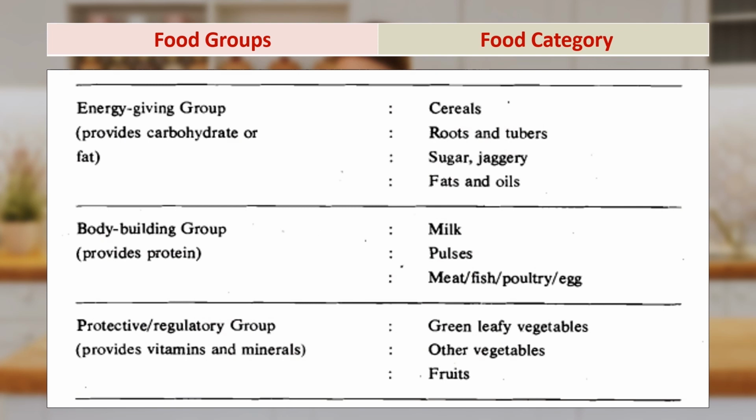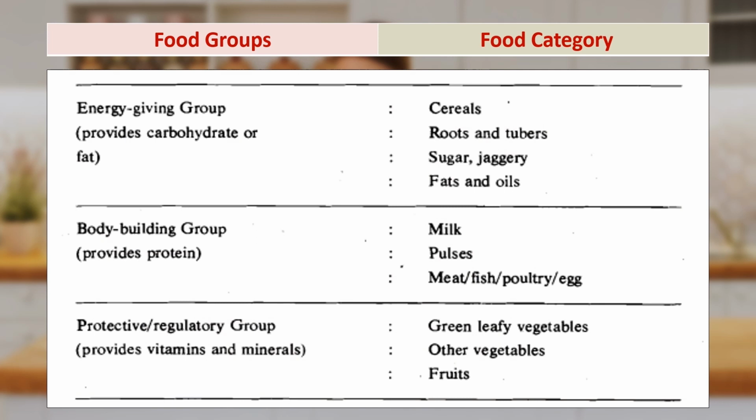The first group is the energy giving food group, and you've just learned that the energy giving food groups provide carbohydrates or fats, and the food items included in these are cereals and millets, roots and tubers, sugar, jaggery, honey, and fats and oils. So what are we doing?